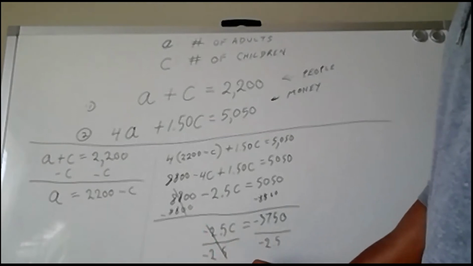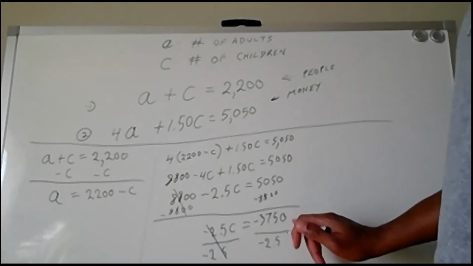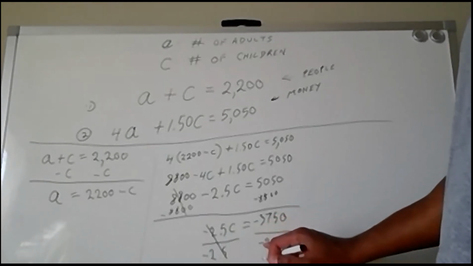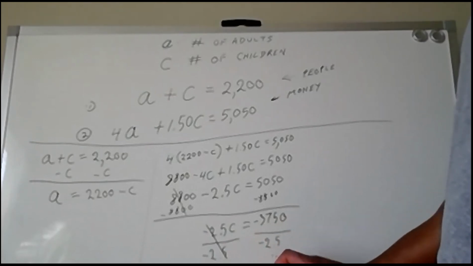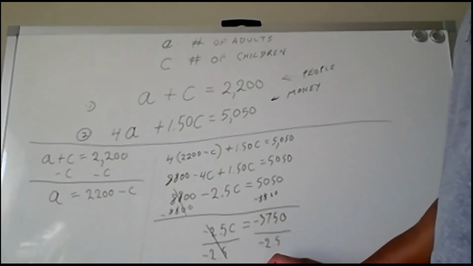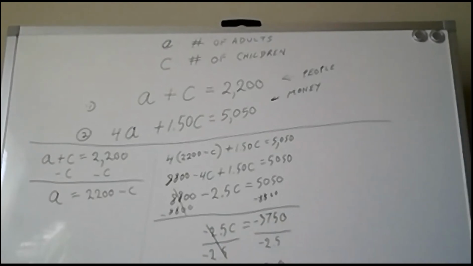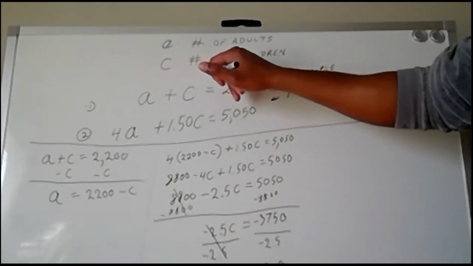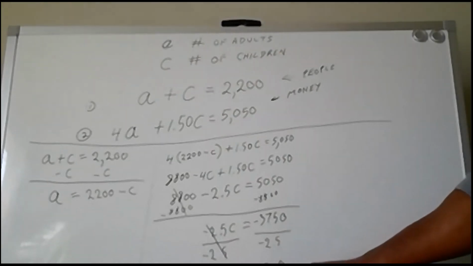So I have 1C is equal to, you can put this in your calculator, negative 3750 divided by negative 2.5 should give you a positive 1500. Now, what did we say C represents? C is the number of children. So that means there are 1500 children.